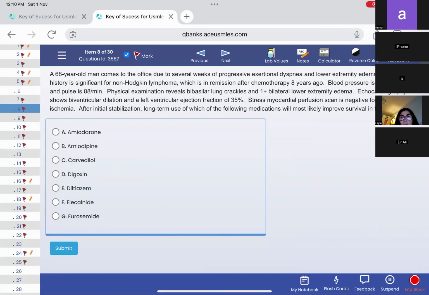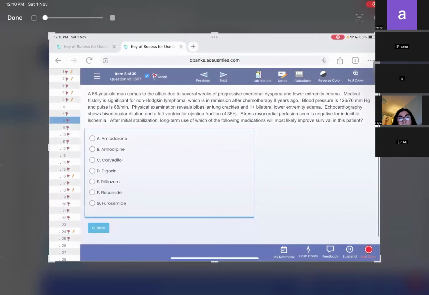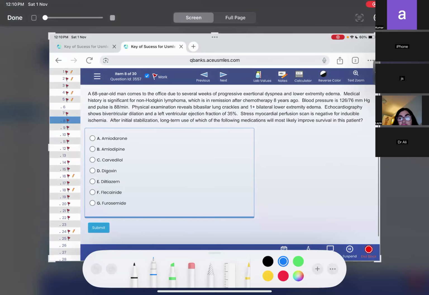Any volunteer? Which of the following medications will most likely improve survival in this patient? A 68-year-old man comes to the office due to several weeks of progressive exertional dyspnea and lower extremity edema. Medical history is significant for non-Hodgkin lymphoma, in remission after chemotherapy 8 years ago.